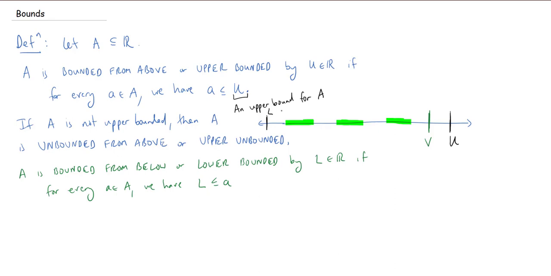If again these green bars represent the A, then this L is a lower bound for the set A. And of course we can continue on here and say if A is not lower bounded, then A is unbounded from below, or lower unbounded, excuse me.